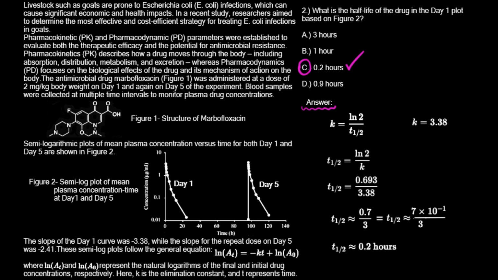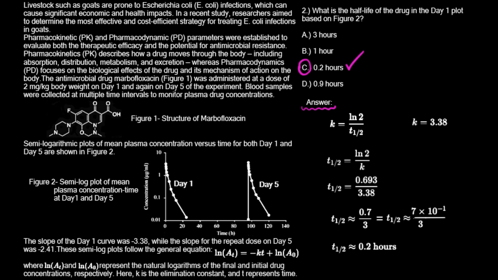Now, how do we relate the decay constant k to half-life? If you said k is equal to ln2 divided by t1/2, you are right. And then once we rearrange this equation, it gives us t1/2, the half-life, is equal to ln2 divided by k. Next, let's plug in the values.